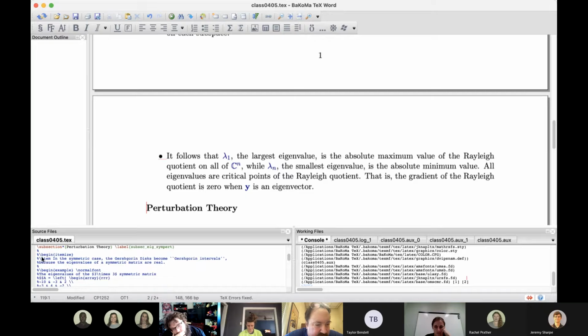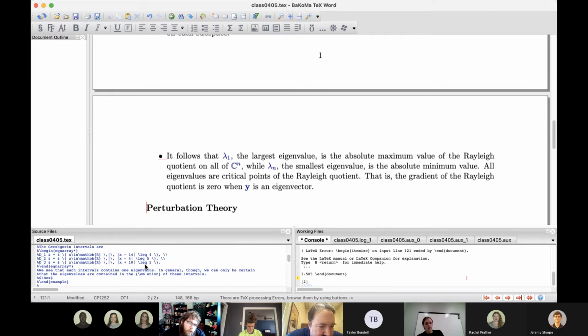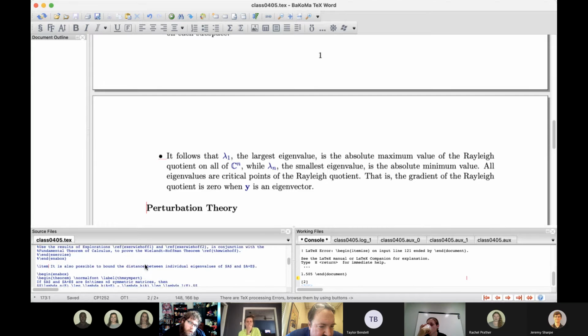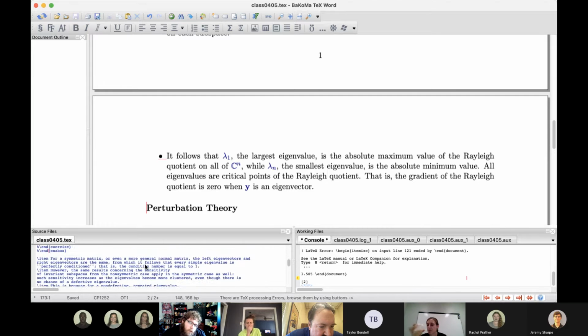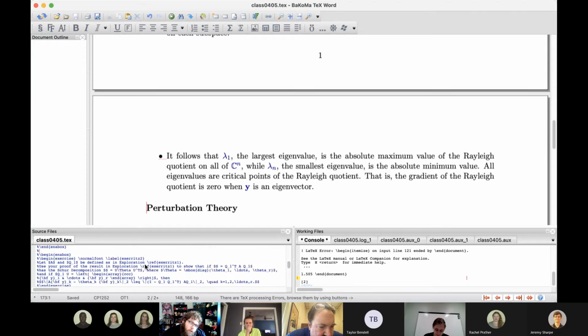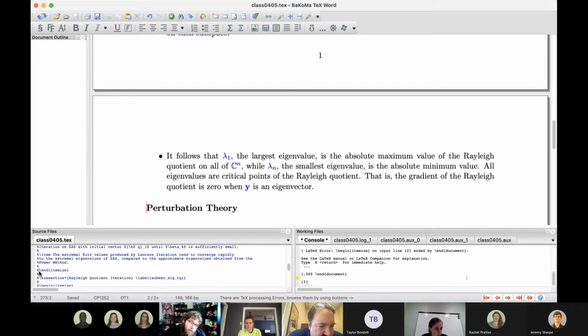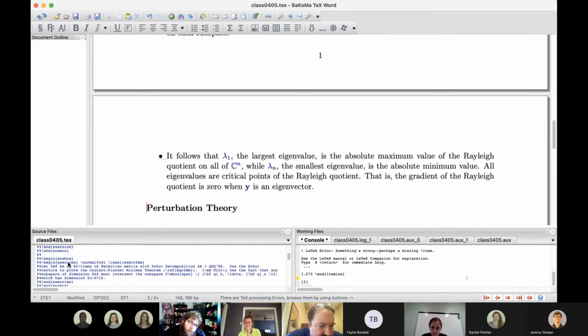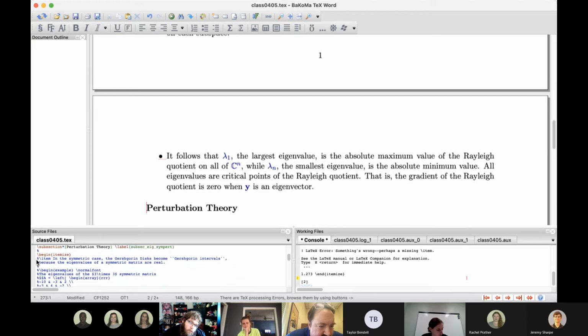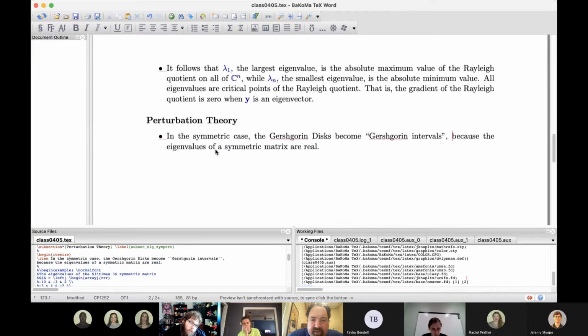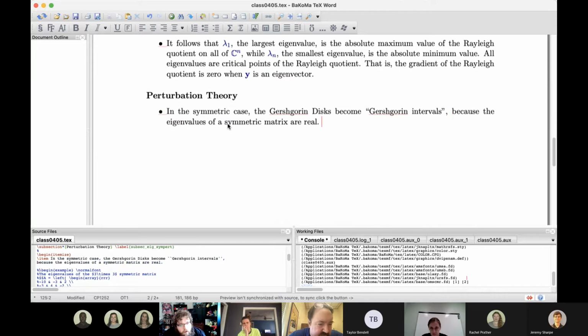Now, what do we have for perturbation theory, or sensitivity, of the symmetric eigenvalue problem? The one theorem we saw about perturbation theory in the unsymmetric case is the Gershgorin circle theorem, or Gershgorin disk theorem.